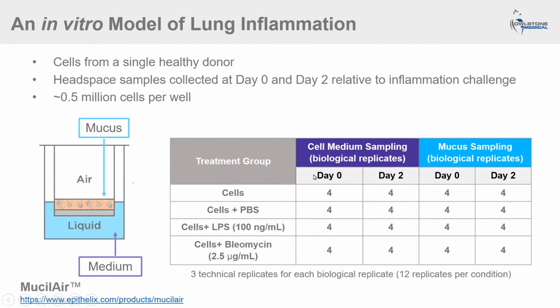As you see on the sampling days, we used 2 sampling time points. We had day 0, which is a baseline before the cells were treated, and then after 48 hours, so day 2, after treating the cells with bleomycin and LPS.